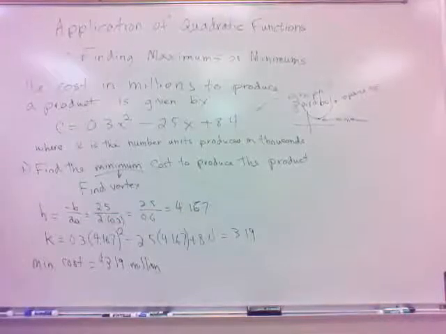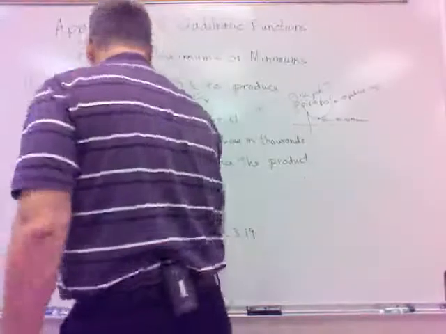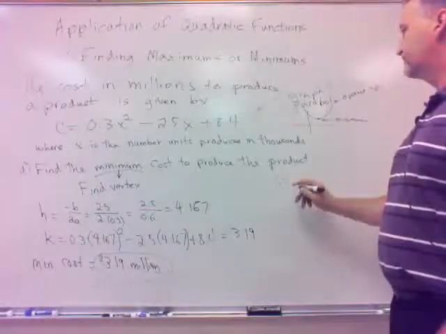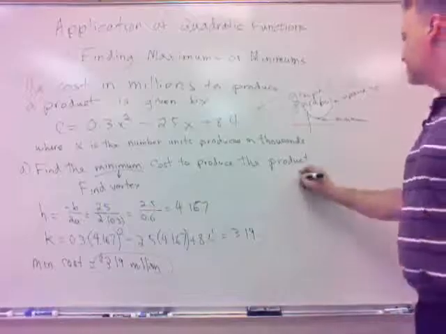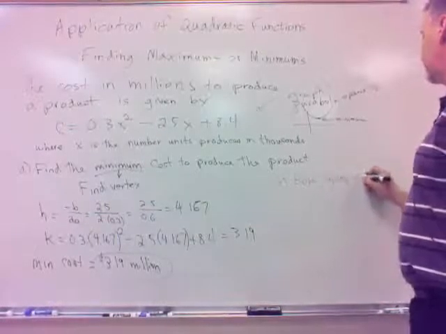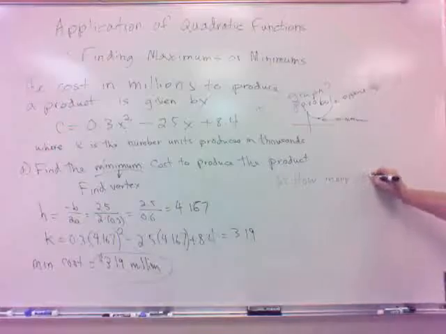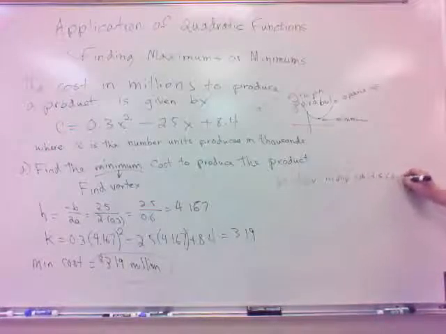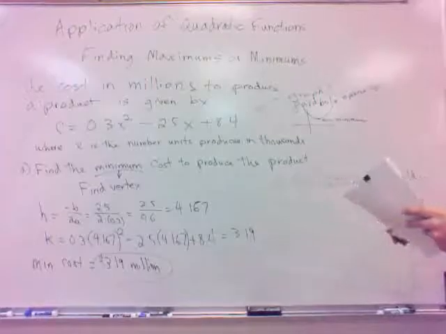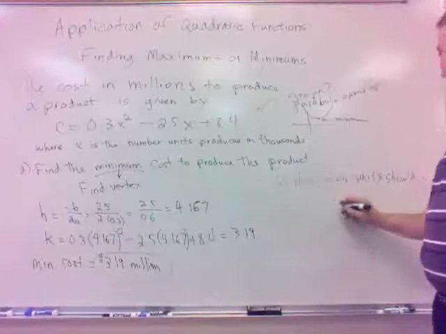Okay, now, of course, part B, yeah, that gives us the minimum cost. Part B is how many units should be produced to keep costs at a minimum, is how they word it in the book, I believe.